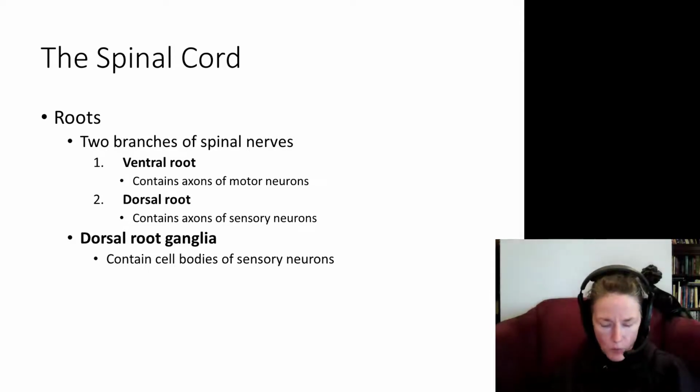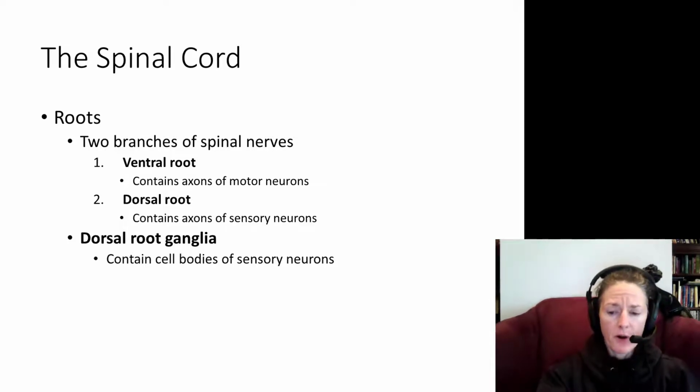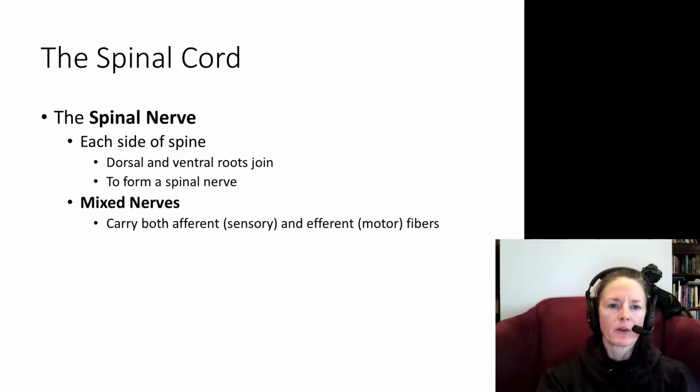And so we know that we have both a ventral part and a dorsal part. The ventral part supplies the motor commands from the anterior part of the cord, and the dorsal root brings sensory information from the periphery to the posterior part of the cord. And these two roots come together to form the spinal nerve. So spinal nerves are mixed.